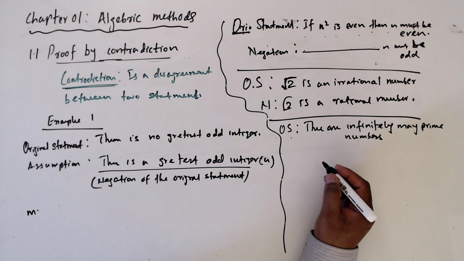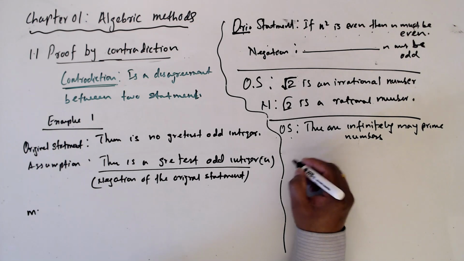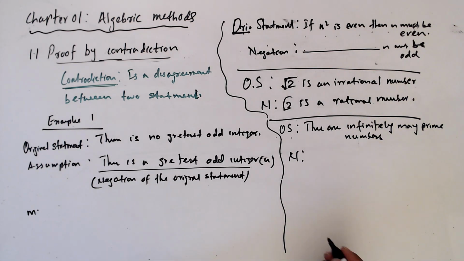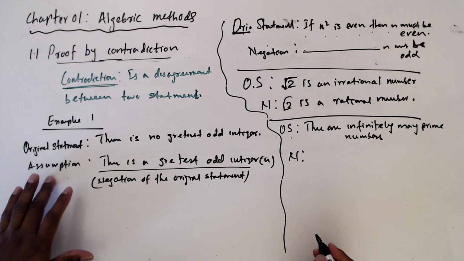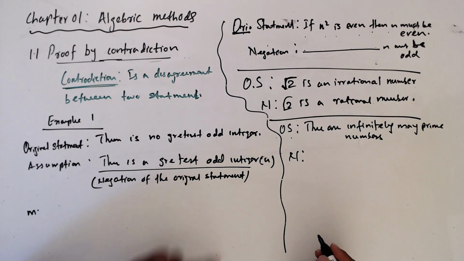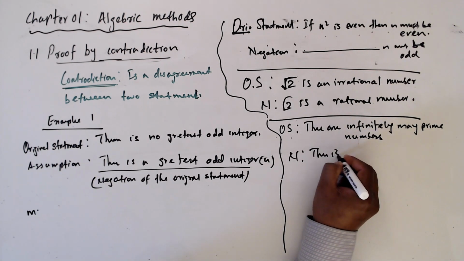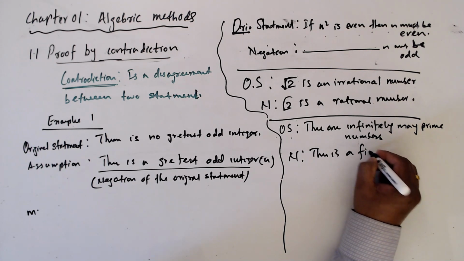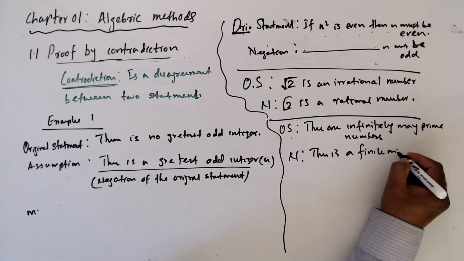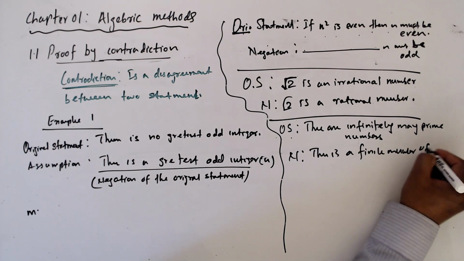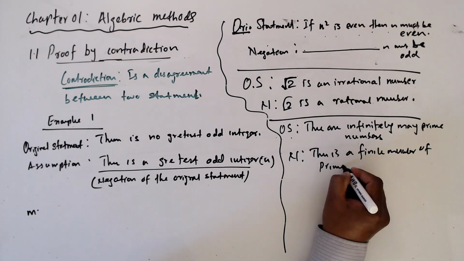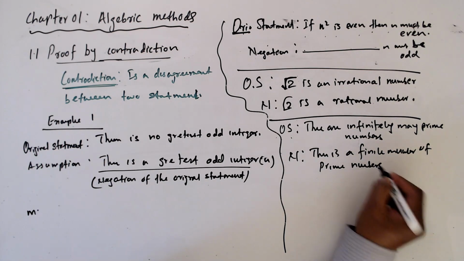Now we want to write the negation of this one, and that is the assumption, the negation of the original. What is the negation? There is a finite number of prime numbers.